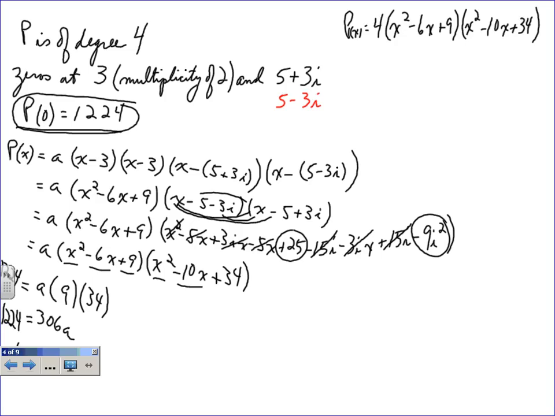The directions say, write this in standard form. So they want you to multiply everything out and distribute the 4. If you get to this point, I'm really happy. Okay?